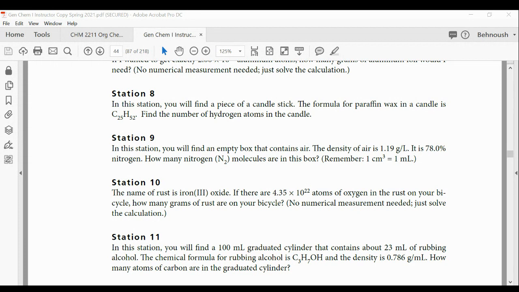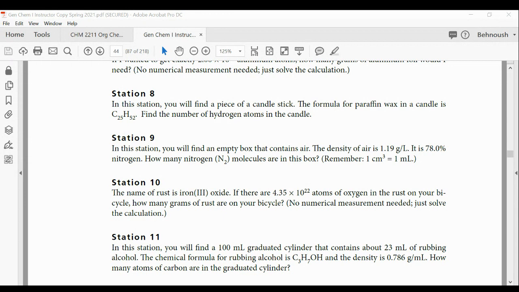Okay. Density times volume, that gives you the mass. Now you have the mass of the air, but you don't have the mass of nitrogen, so you have to be a little bit more specific in there. So you want to find the mass of air first. Then the mass of nitrogen.